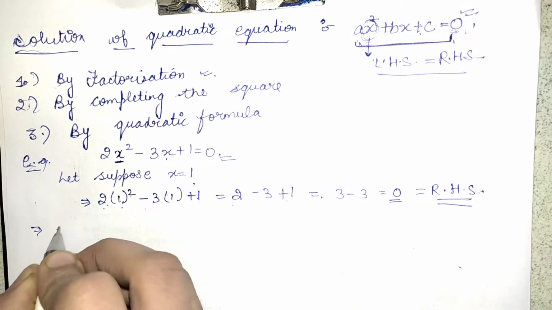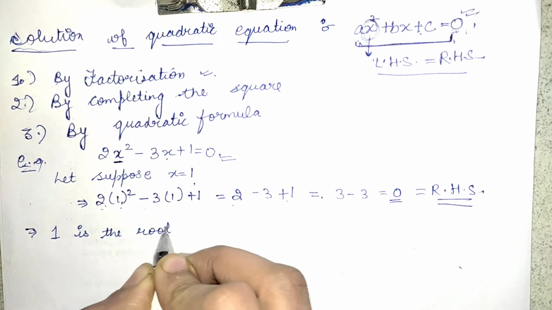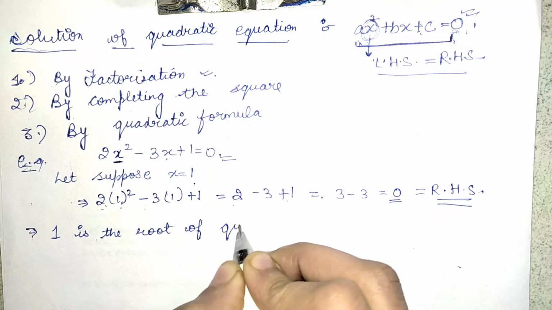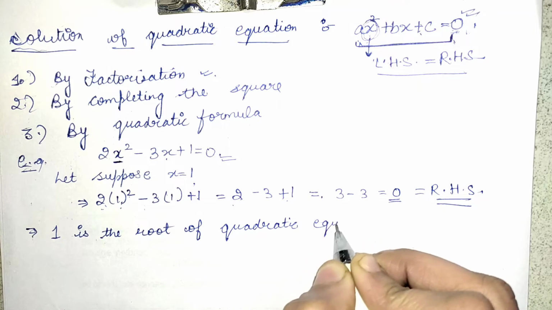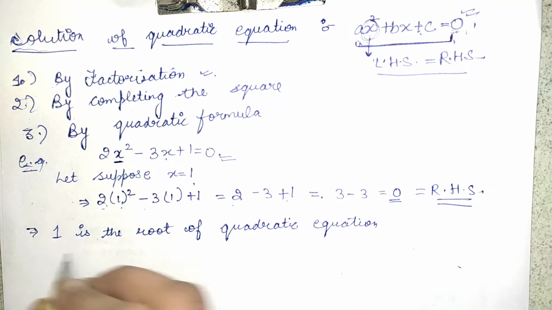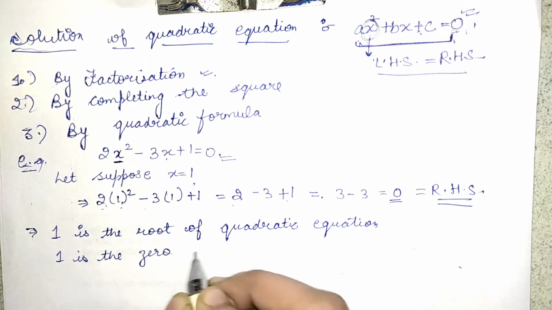So now I will say that 1 is the root of my quadratic equation, or I can say that 1 is the 0 of my quadratic polynomial.